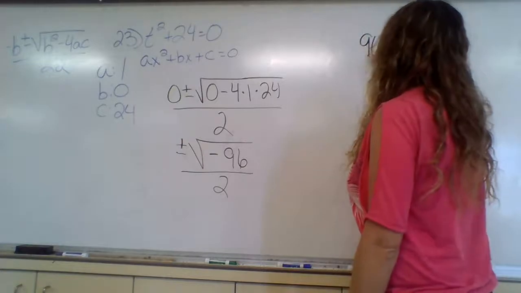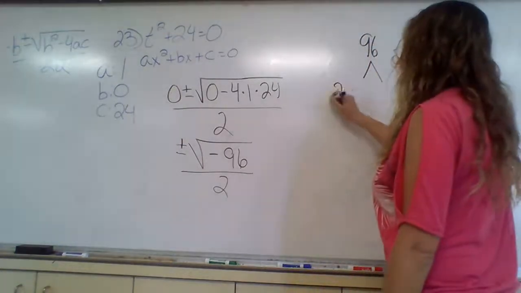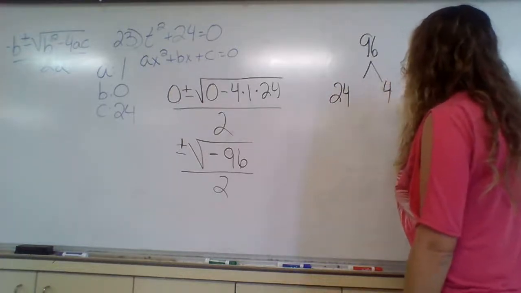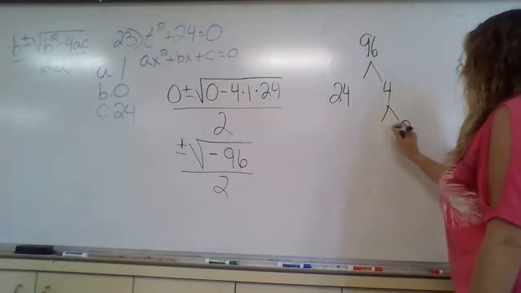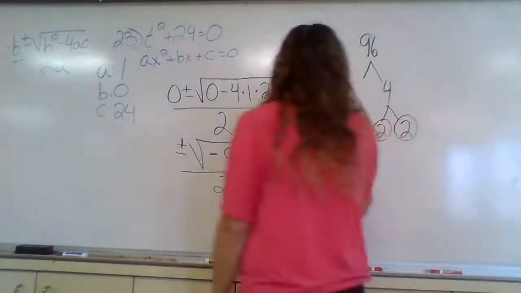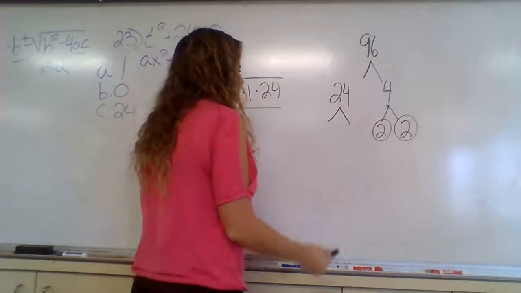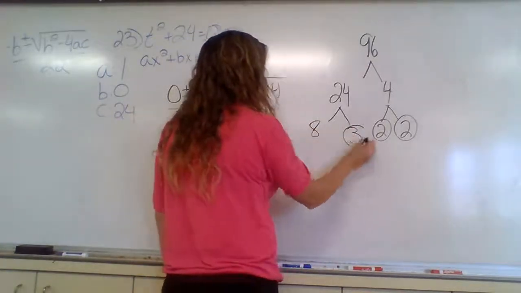We're going to factor 96. So it's 24 and 4. Factor the 4: 2, 2, prime, prime. 6 and 4, 8 and 3, 2 and 12. 8 and 3, 3 is prime.